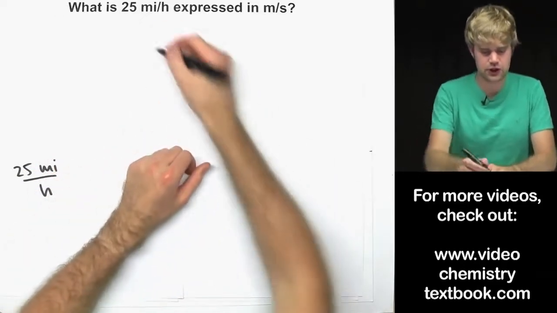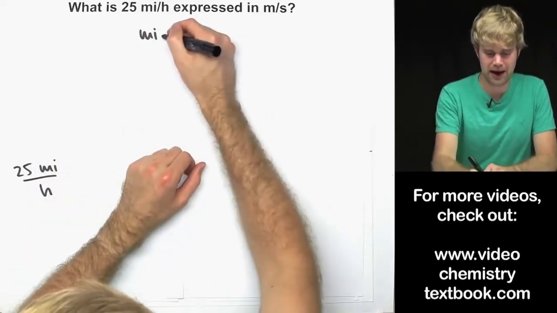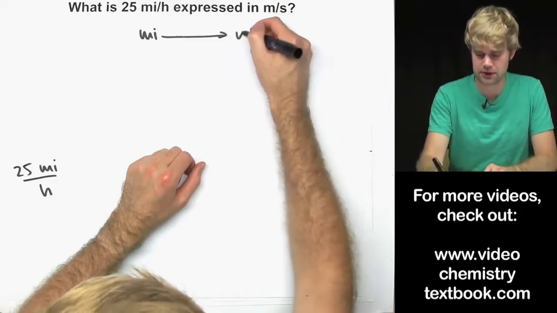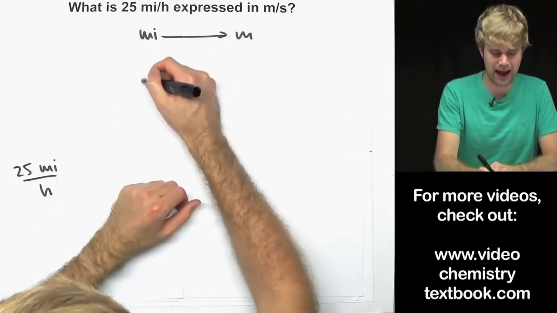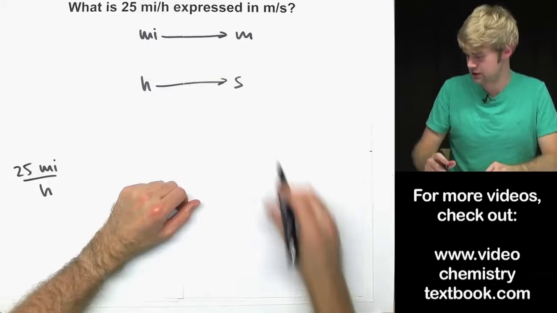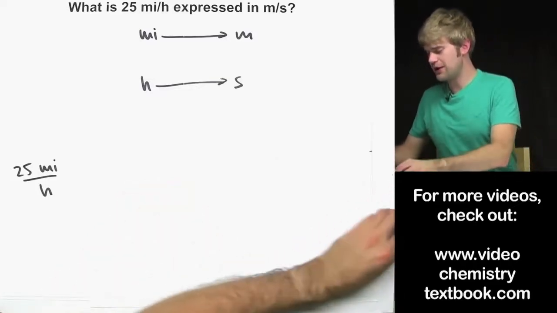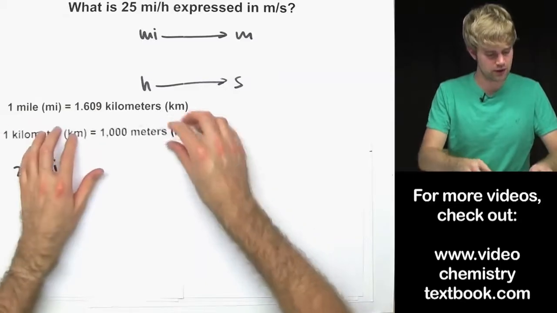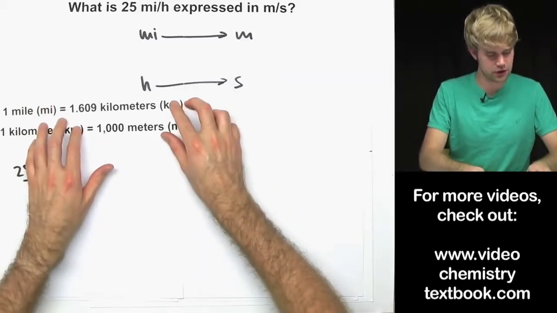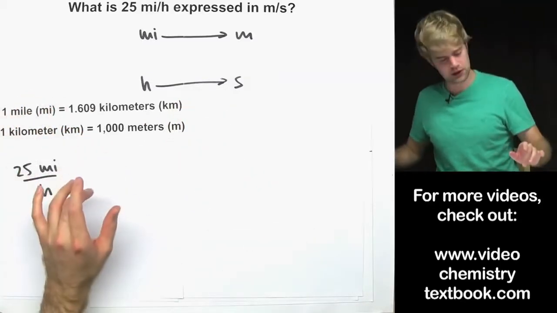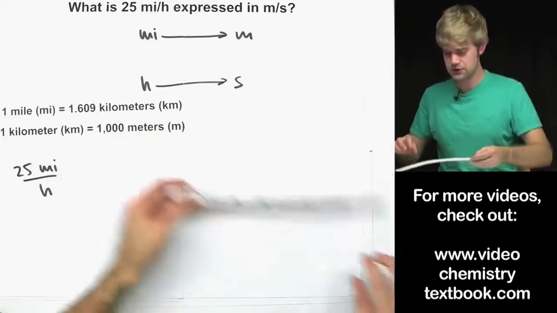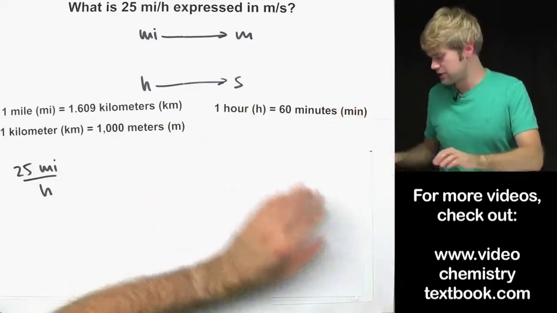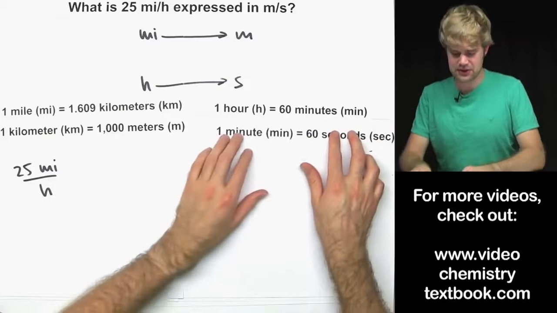And for this expression here, we want to go from miles to meters, and we want to go from hours to seconds. Let's assume that you went to your table of conversion factors, or your table of these equivalences, and these were the only ones you could find. You got from miles to kilometers, and then kilometers to meters, and then hours to minutes, and minutes to seconds.